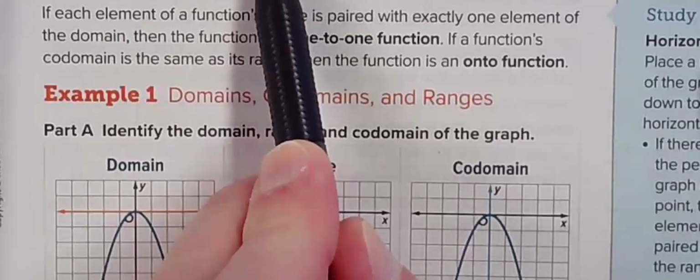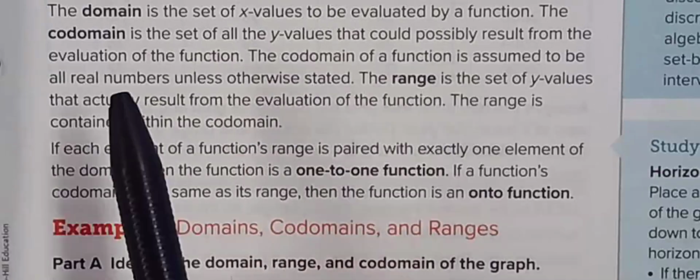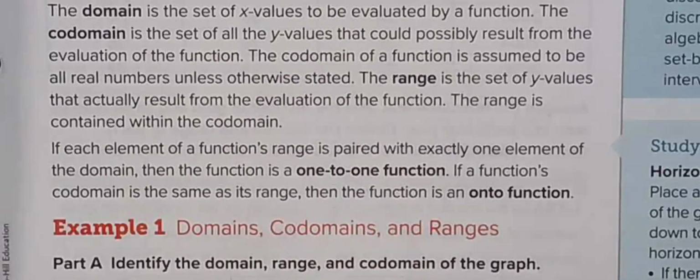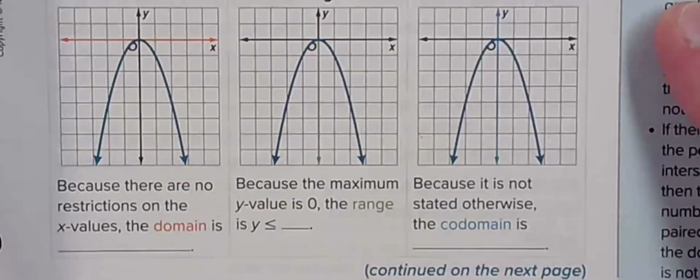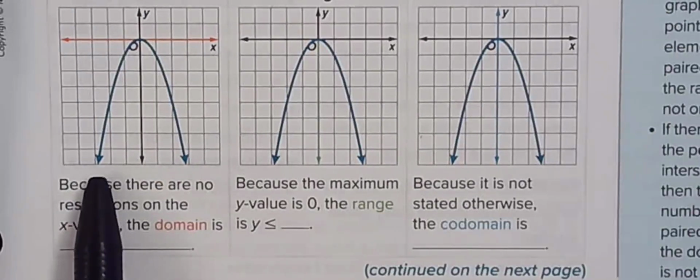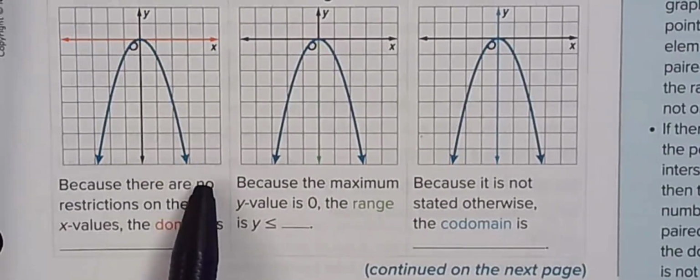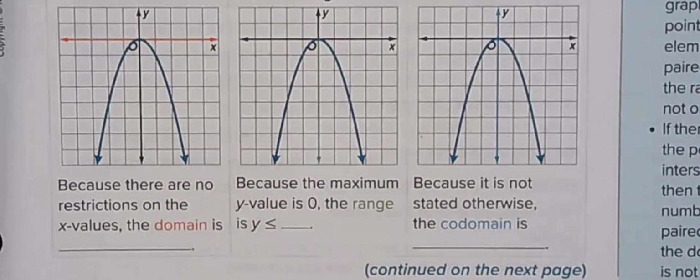The codomain of a function is assumed to be all real numbers unless otherwise stated. If there is a function, can this graph go left forever? Is it going to keep going left forever eventually? Yeah, it'll happen kind of slowly, but it'll happen. What about right forever? Yeah.